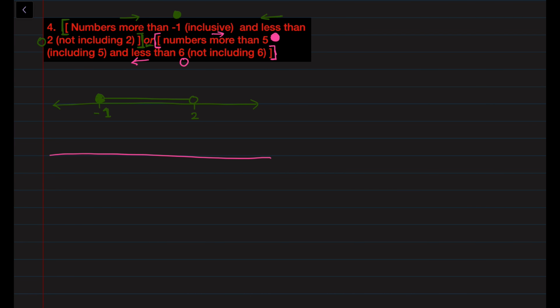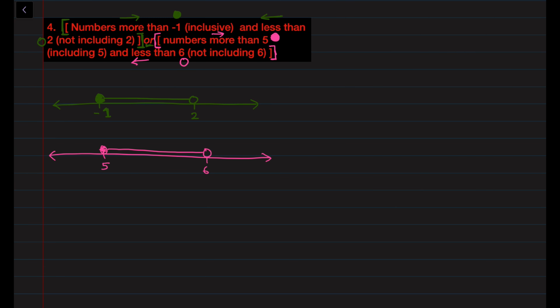So we can draw a number line. We have 5 and we have 6. We're looking for numbers that are more than 5 and less than 6. So this is our second answer.